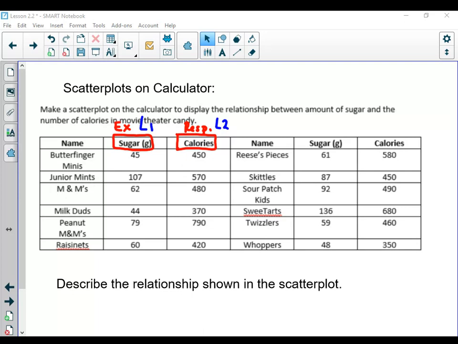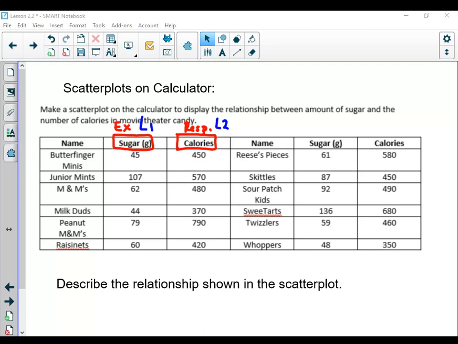Then it talks about the X list and the Y list. Well, remember we put the X list, or the explanatory, in L1. So make sure it says X list L1. Does anybody's not say L1? Okay, if you ever need to change it, remember you just hit the second button and then whatever number you want. So if you want L1, you hit second one.